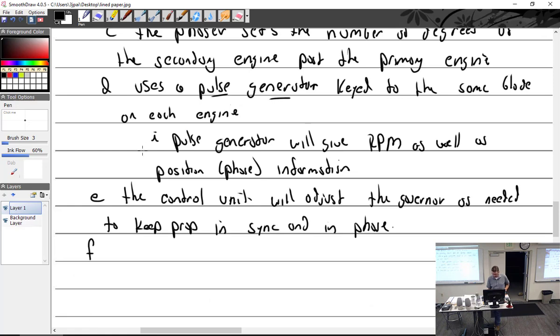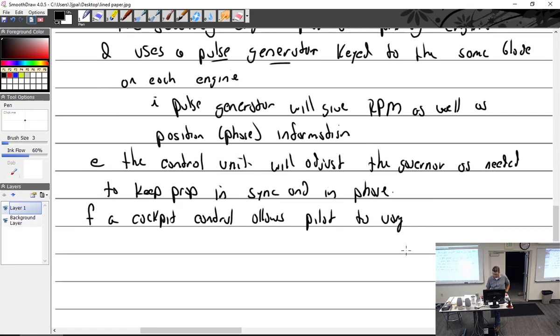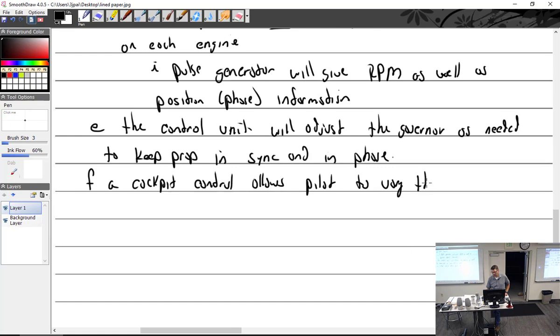There's a cockpit switch that allows the pilot to vary the phase angle to reduce cabin noise and vibration. So a cockpit control allows the pilot to vary the phase angle to reduce cabin noise.